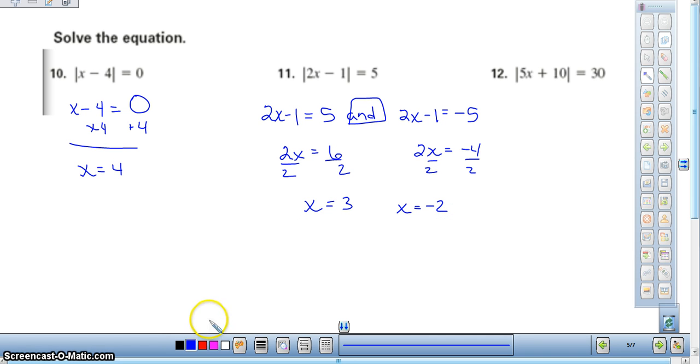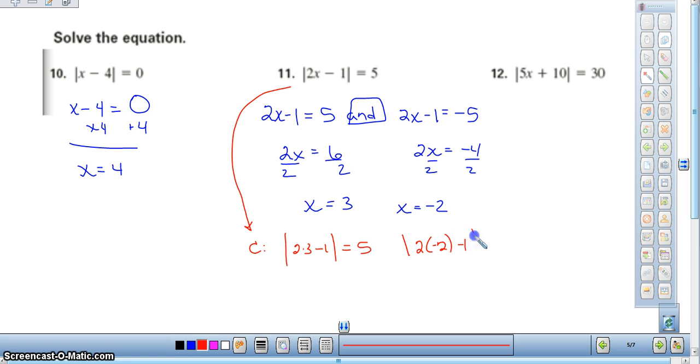Does it check? Again, when you go to do the check, you got to go back to the original problem for the check. You are plugging in absolute value of 2 times 3 minus 1. And the question is, is it equal to 5? And on this side, if we wanted to think, the absolute value of 2 times negative 2 minus 1, is it again equal to 5?